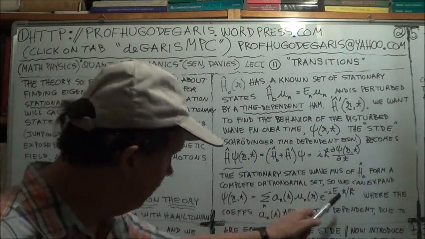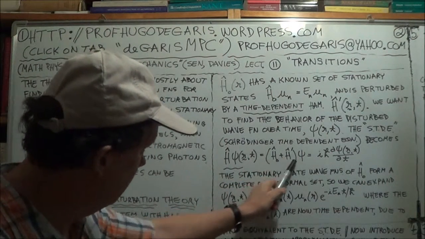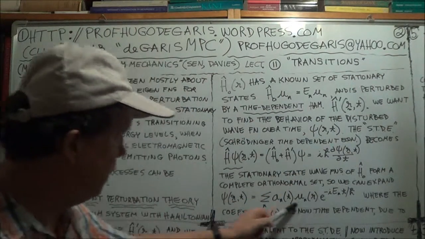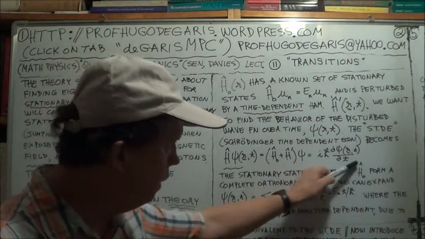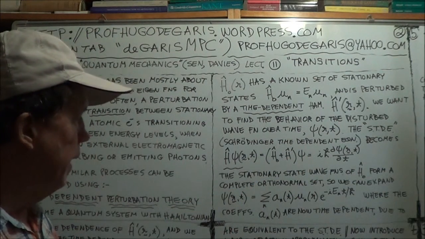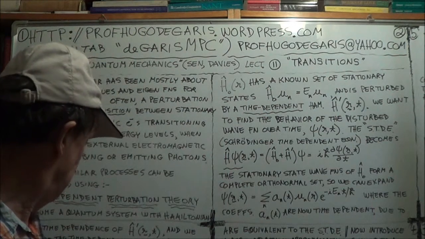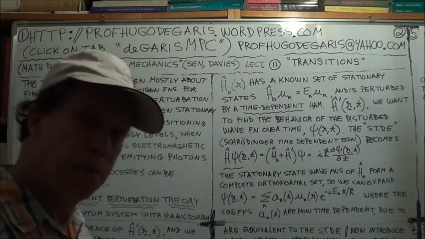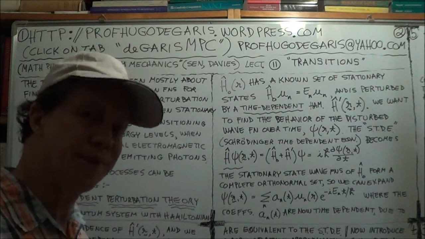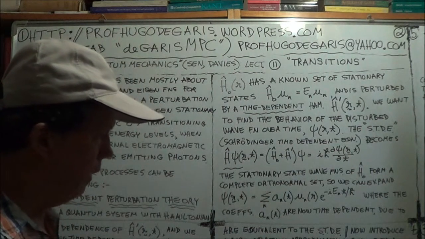We will plug this in for psi here, and we'll get a new equation, and we will also apply perturbation theory using the lambdas, you know, the lambda squared terms.